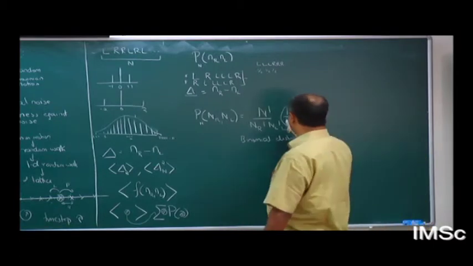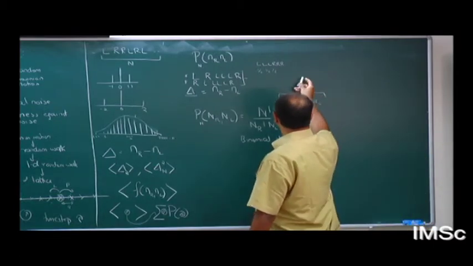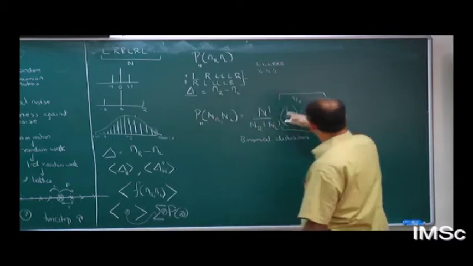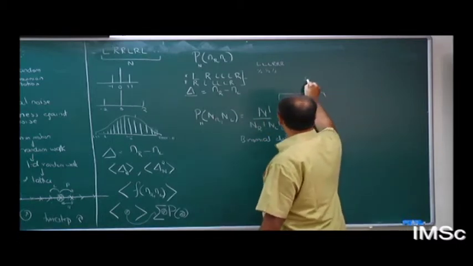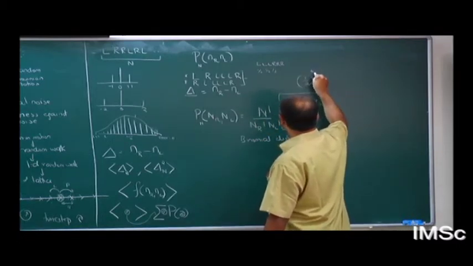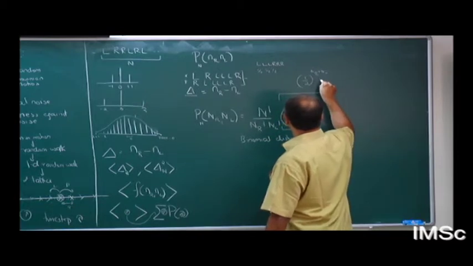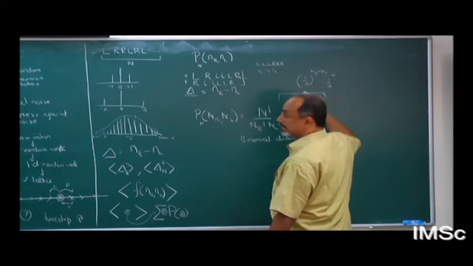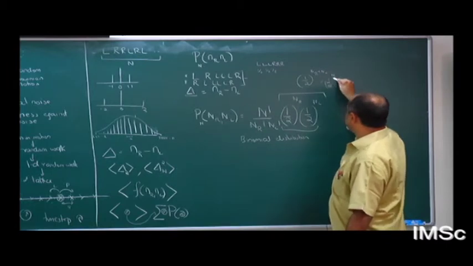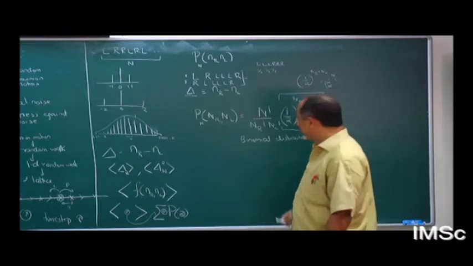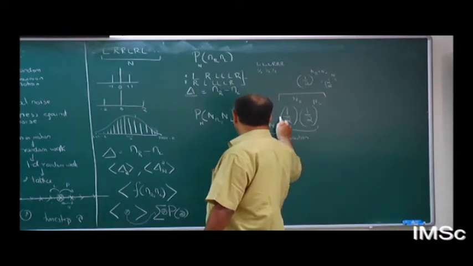Okay. And that I know because I could also pull this factor out and write this as 1/2 to the power NR plus NL, which is 1/2 to the power N, okay, which then I can pull out onto the left. What is this factor here and where does that come from?